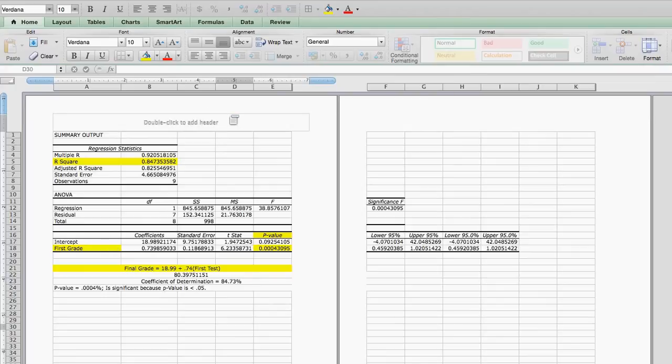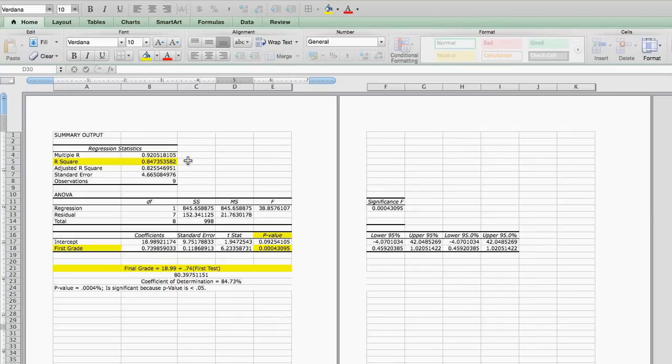In this particular case, we can come back up here to regression statistics. You can see R square is 84.7%. That's the coefficient of determination. From my standpoint, when I do analytical endeavors, I always focus in on the coefficient of determination, the R square. Here it's close to 85%. Now really, what does that mean? Well, the coefficient of determination here is 85%.